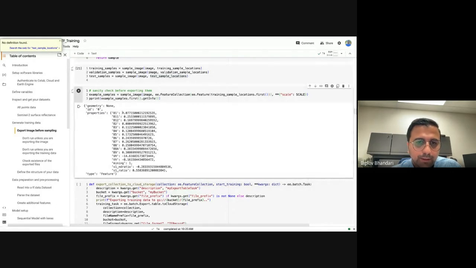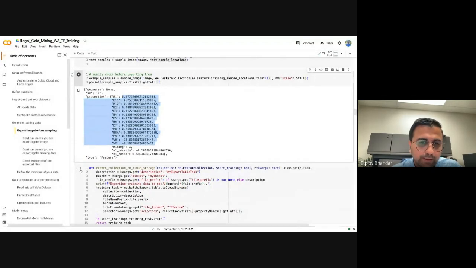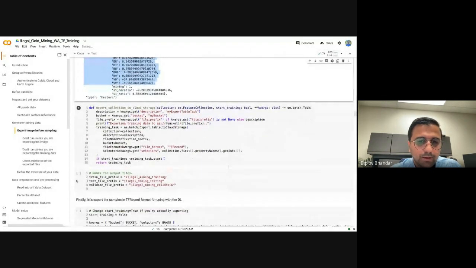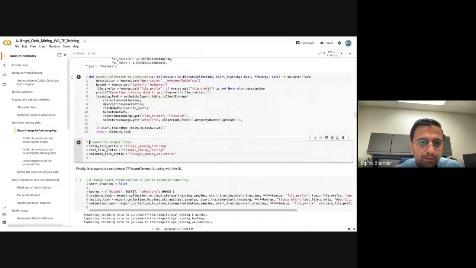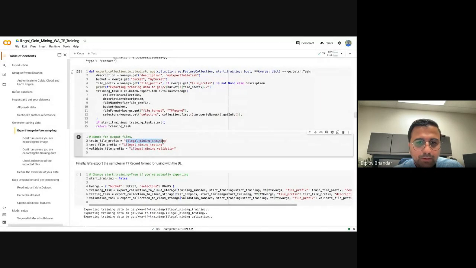When you sample it, you see all these values sampled from those particular points, so it looks like we have everything correctly in order. In this line of code, because we need to export that to cloud storage, I'm setting up a function to do that. Here's the name of the output files that we want.